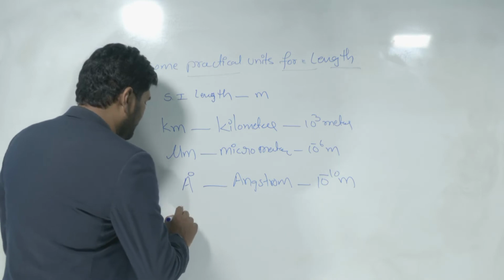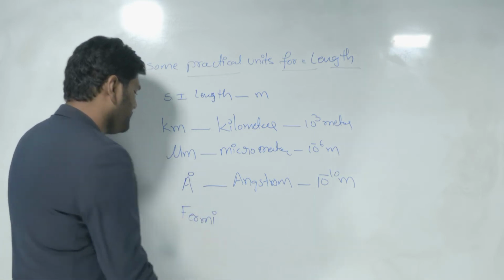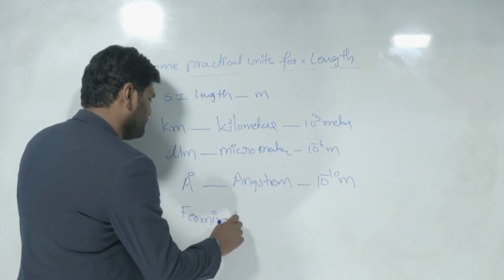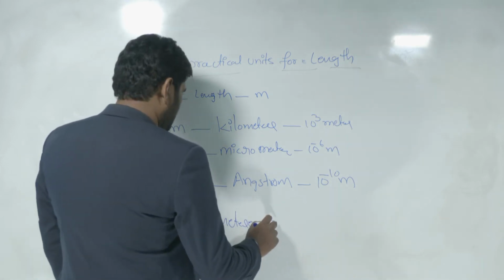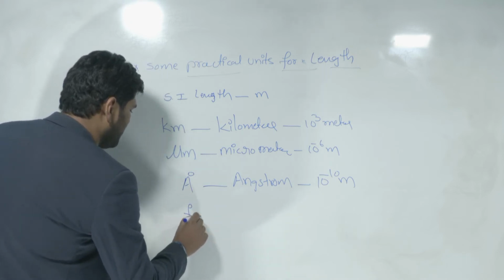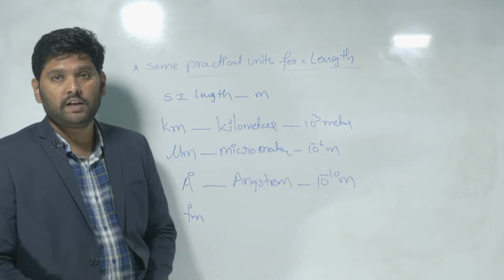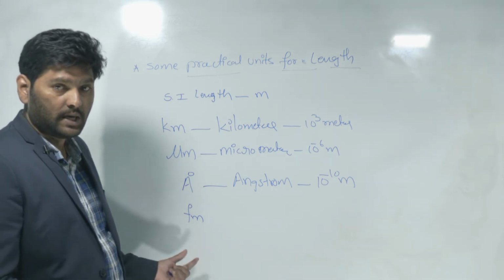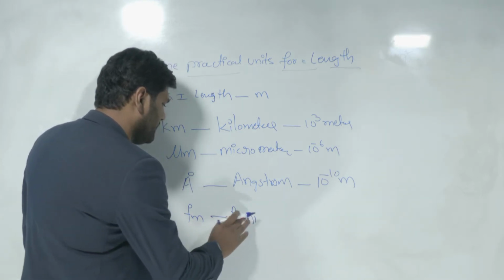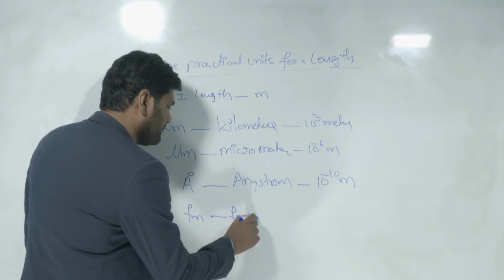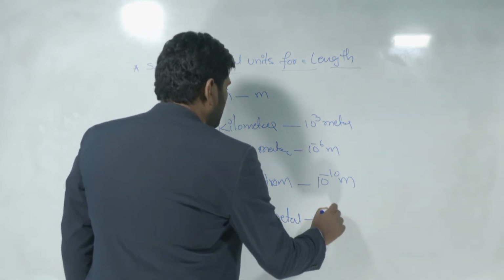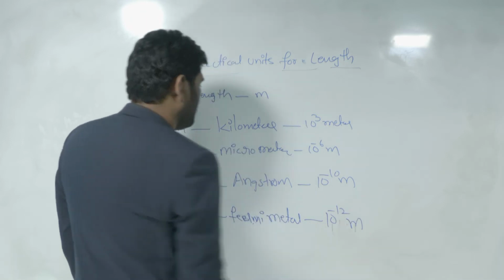Next, Fermi. So this is Fermi meter. Fermi, we express it as a small fm. It is not that radio FM. This is a unit here, Fermi meter. Fm is Fermi meter, which is expressed as 10 power minus 15 meters.